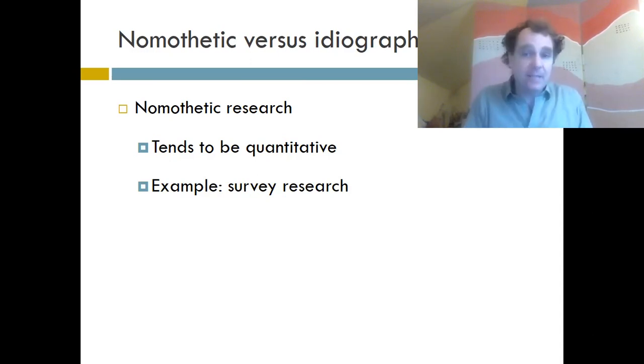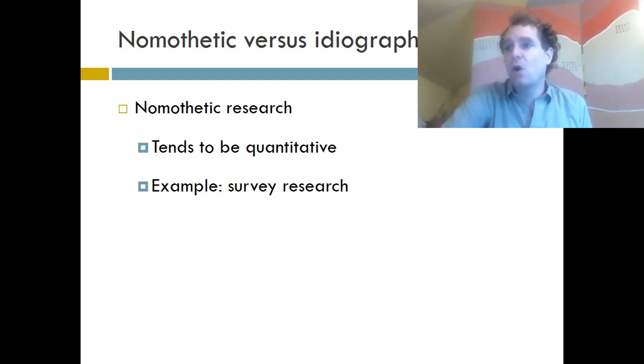It tends to be quantitative. This is generalizability, getting data from a large number of people. So it tends to say, okay, let's quantify, let's find out the numbers, and then we can find out some general laws about all Americans or all people.